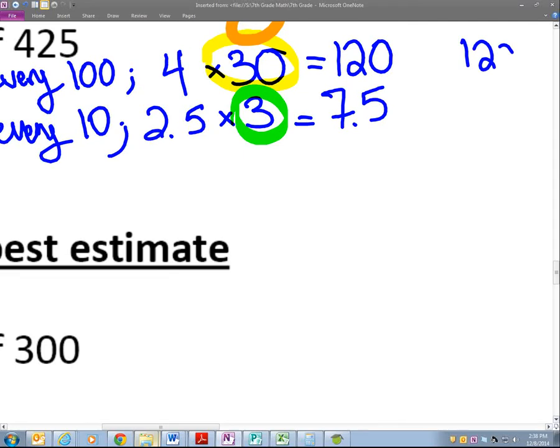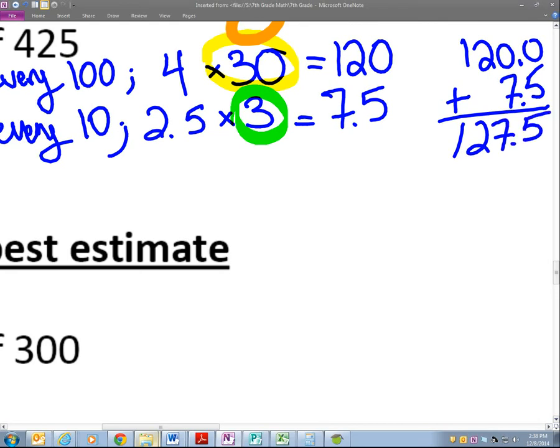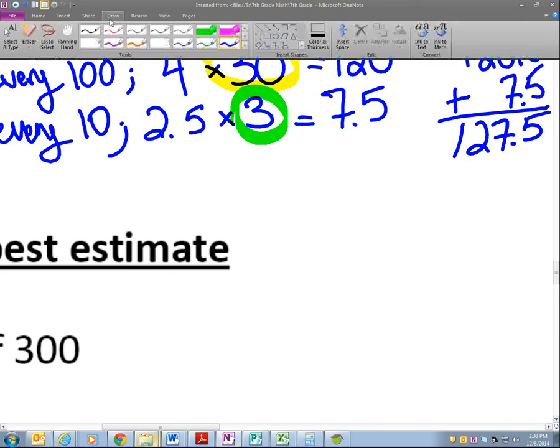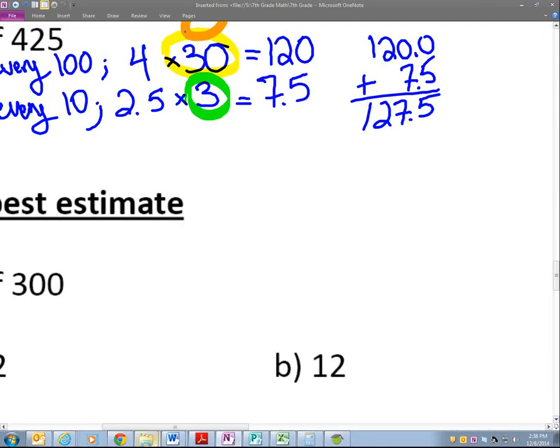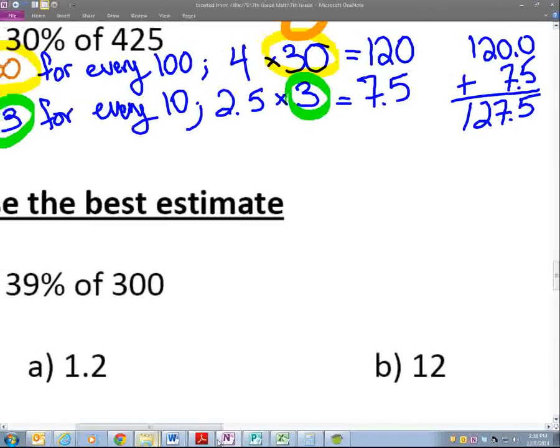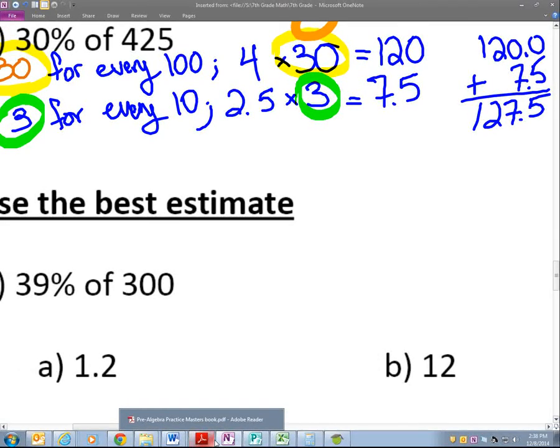So I'm going to do 120.0 plus 7.5, and I'm going to get 127.5. Let's circle that.